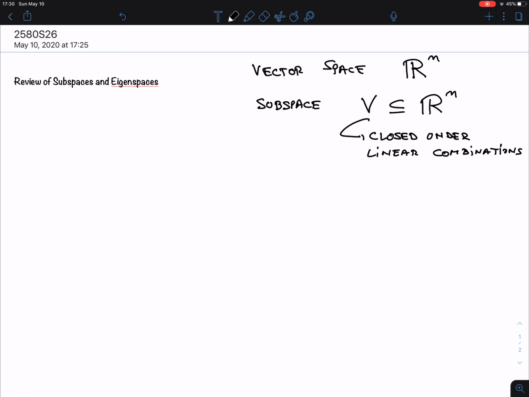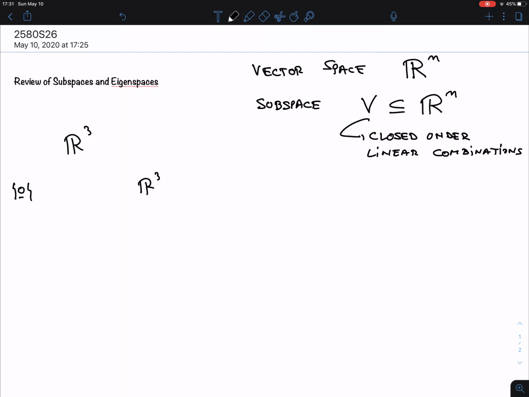And then we noticed that these subspaces are things that we are familiar with. For instance, in R cube, there are two silly subspaces. There is a zero subspace, which consists only of the zero vector. There is the subspace that consists of everything, because obviously if you take a linear combination of two things in R cube, you get something again in R cube. So these are the silly ones.